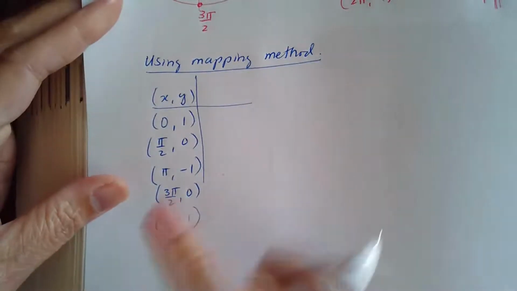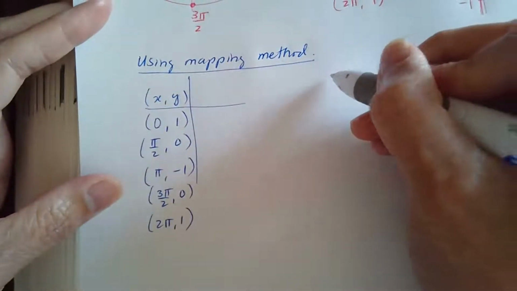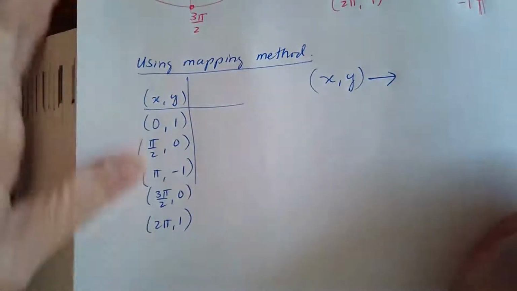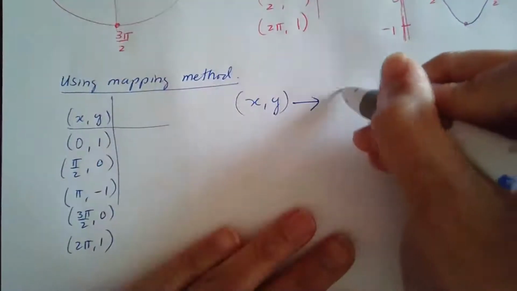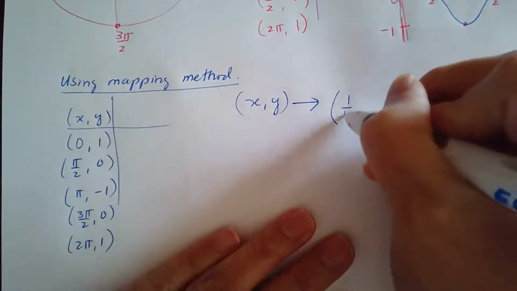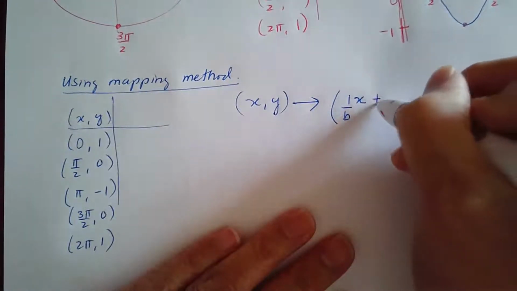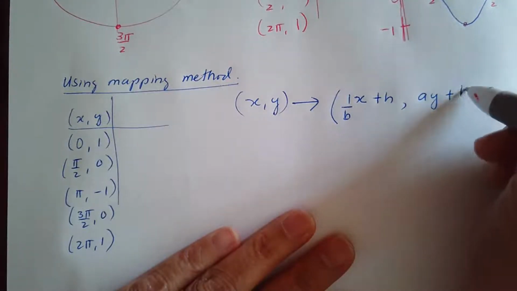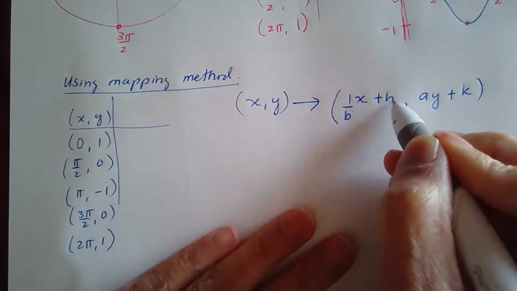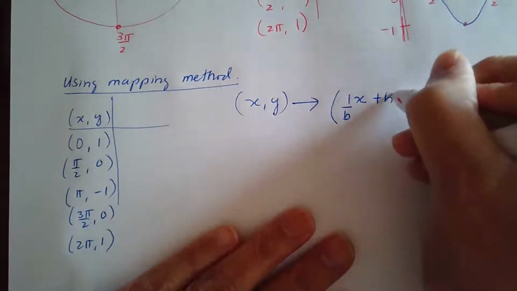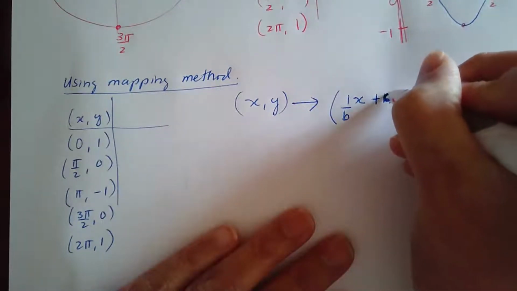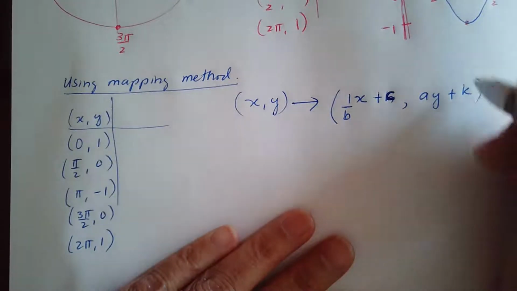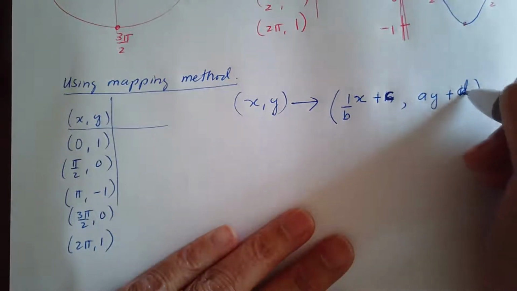Now, with our mapping method, we said that x and y, after the transformation, would become 1 over b times x plus h, comma, a times y plus k. Now the h is changed to c, that's our phase shift, and instead of k, we call that d.